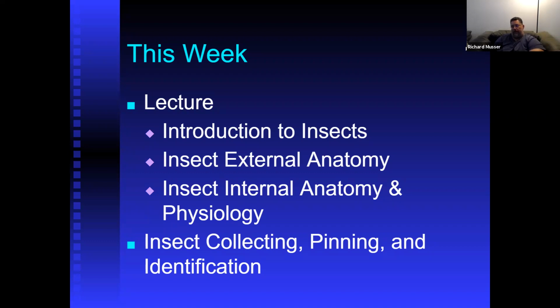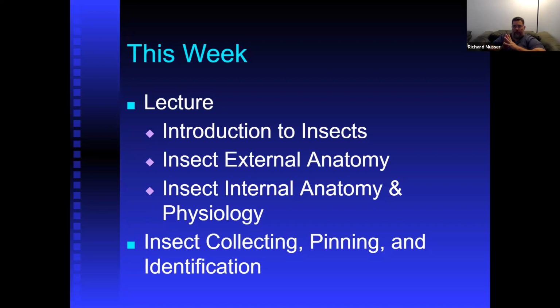And we spend millions, if not billions of dollars trying to protect our crops from these insects because we like to eat. The other thing is insects are really economically or medically important to us because they can spread diseases as well.